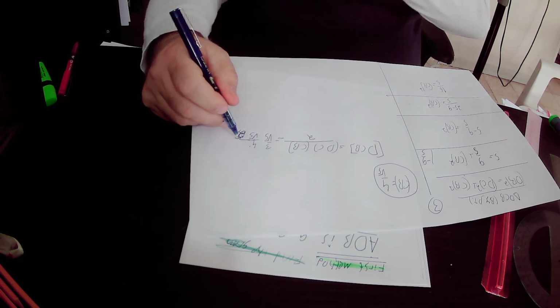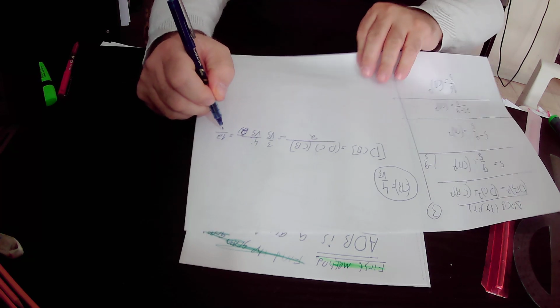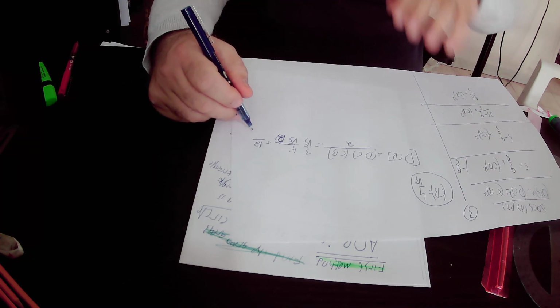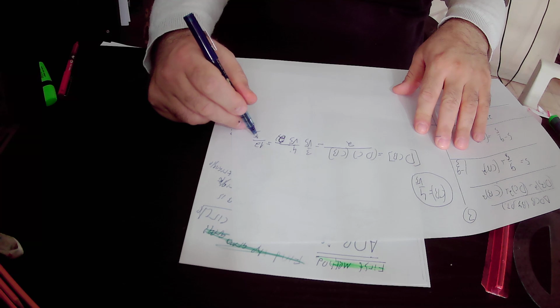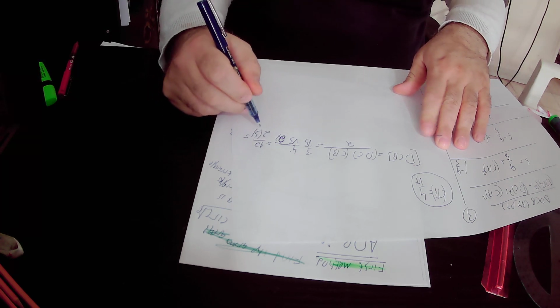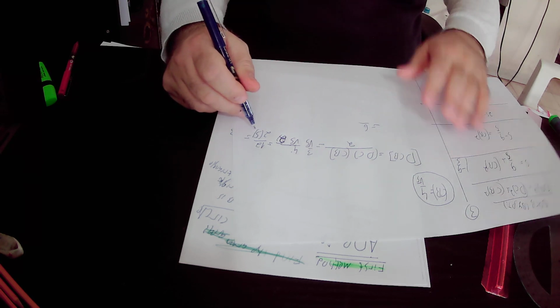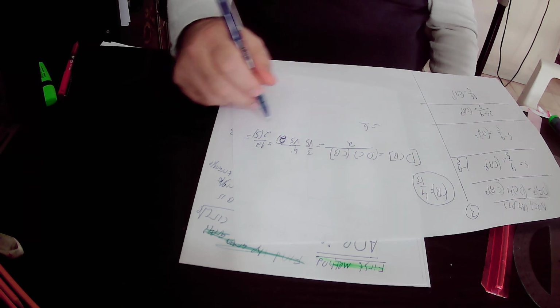So here, 3 times 4 is 12, over square root of 5 times square root of 5 is 5, and here we have also 2. So 12 over 2 is 6, so in the numerator we have 6, and in the denominator what is left is 5.